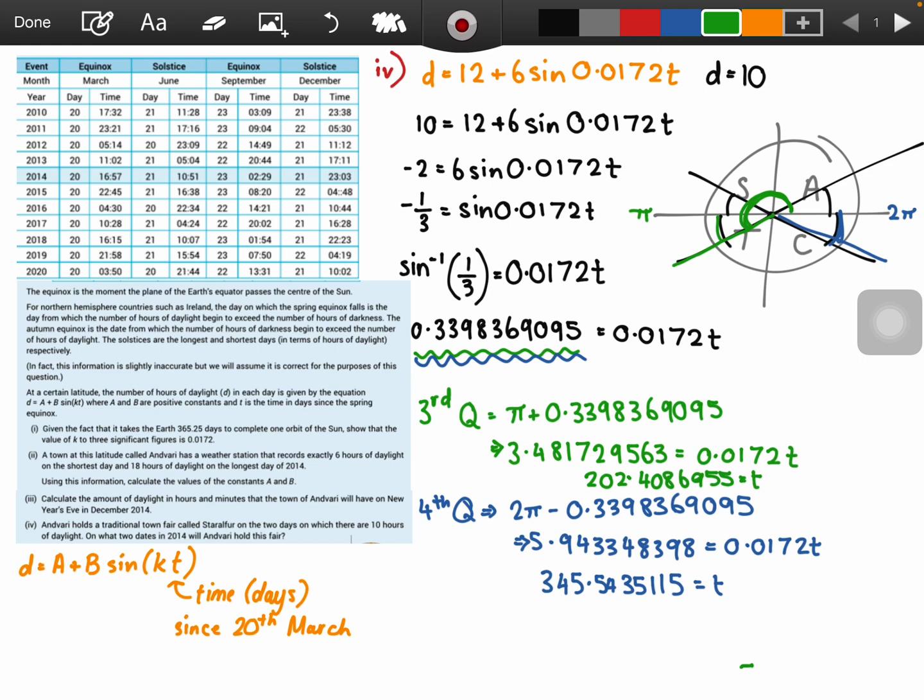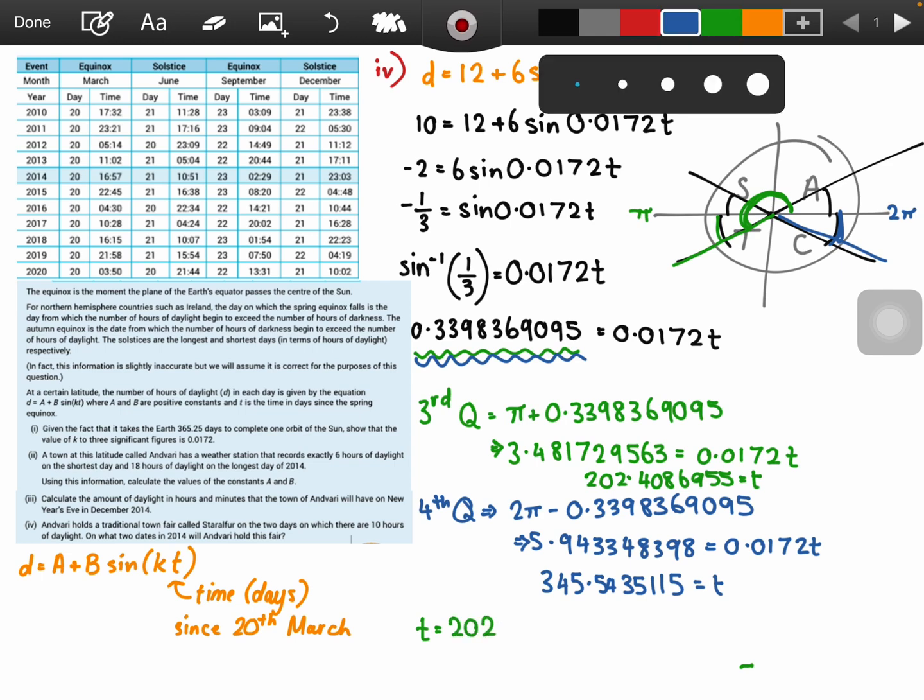So I have gotten that t is 202 days, or t is 345. We can say either there. I'm actually going to say, because it's full days, 345.